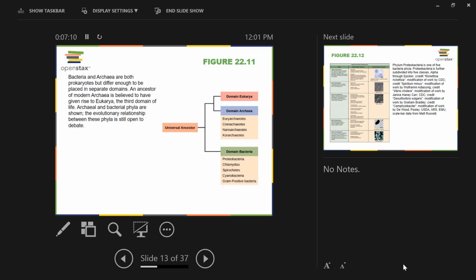And so the reason why they're so different chemically is because they have separate ancestry. But the reason why they're similar structurally is because they're both prokaryotic and therefore have to carry out all of the activities of life in a single cell. Okay? And then there's some different phyla within here, but we'll save that for the next slide.